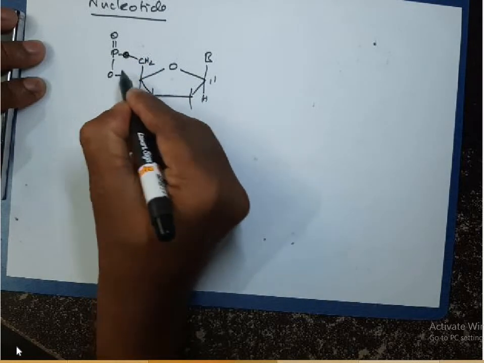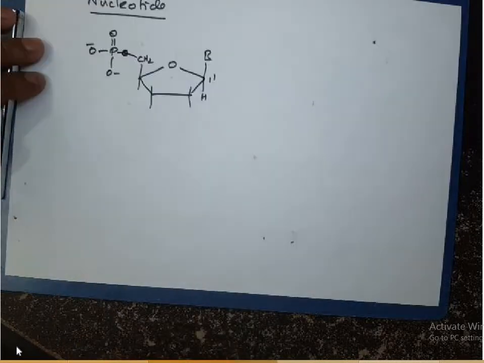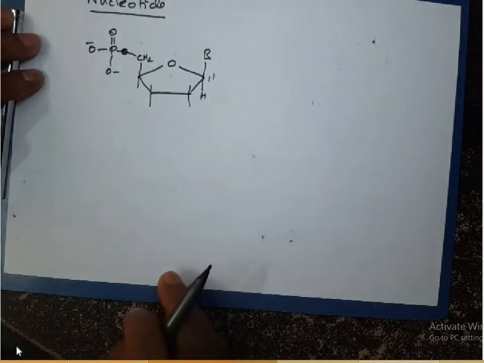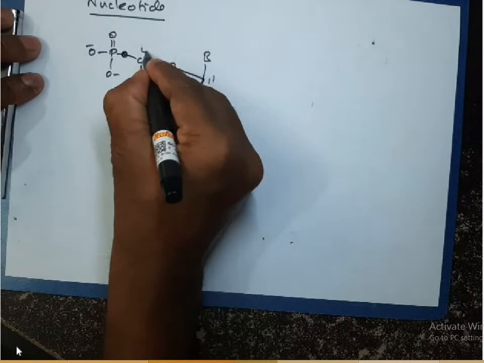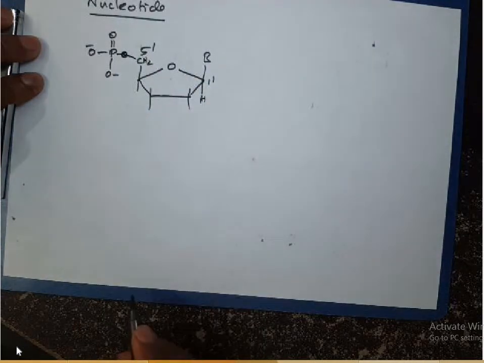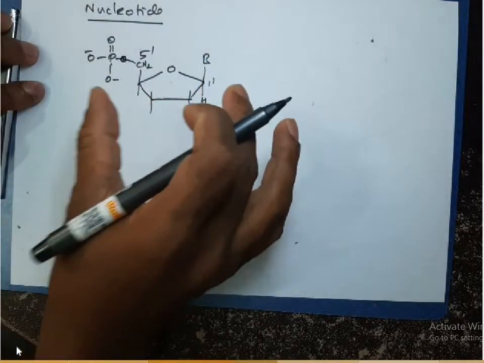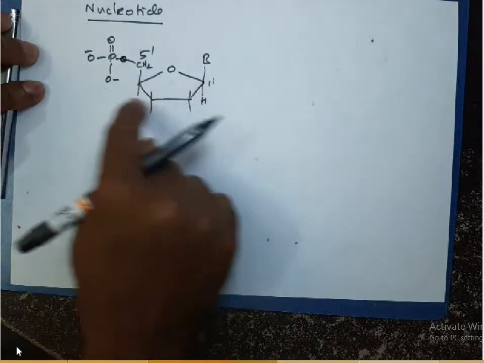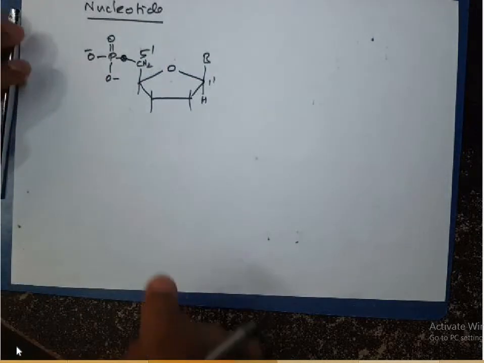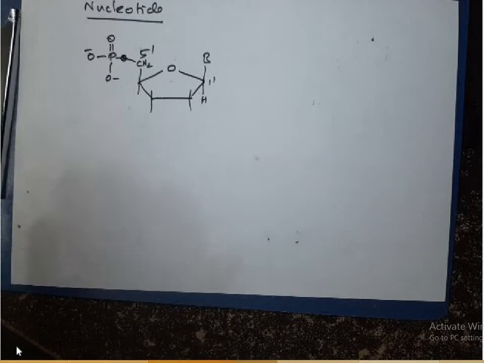PO, O minus, right? The phosphate unit is attached in 5' carbon. This is the basic structure of a nucleotide. This is one nucleotide. If I join many nucleotides, we will get what is called a polynucleotide.